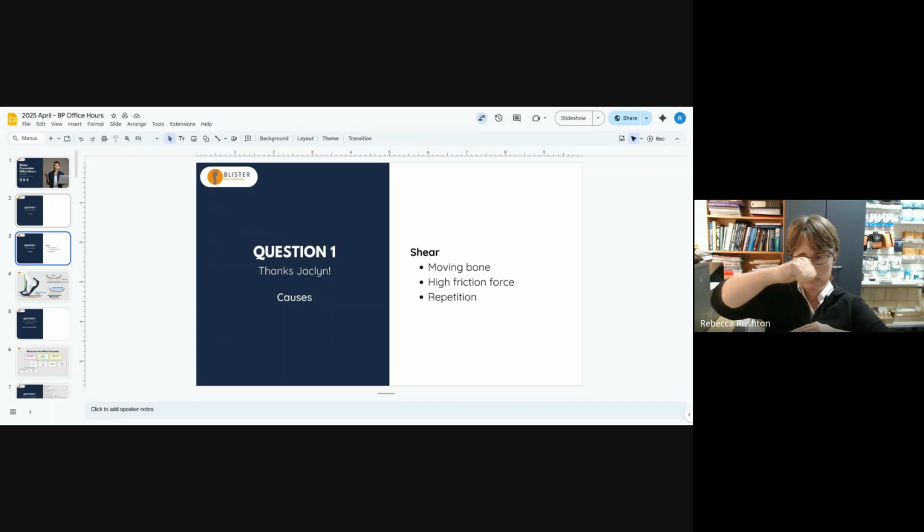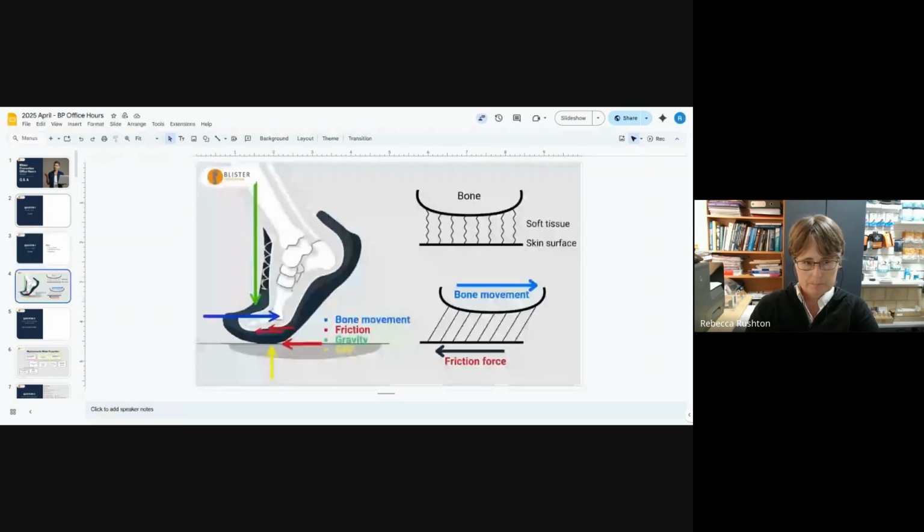So if that's a moving bone, let's say metatarsal head, that's the skin surface. High friction is keeping the skin surface still while the bones move back and forth, and all of this in between stretches and distorts, which is what this is. So that's the cause of friction blisters, and the repetition is an important part of that, in that obviously the more steps we take, the more likely we are to get blisters.